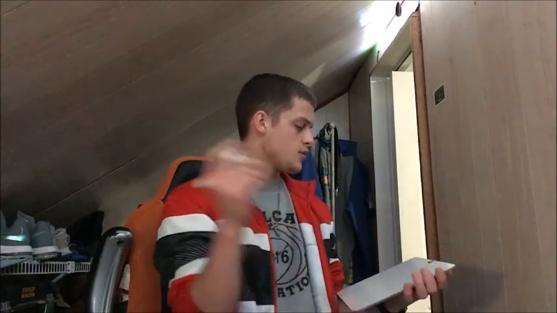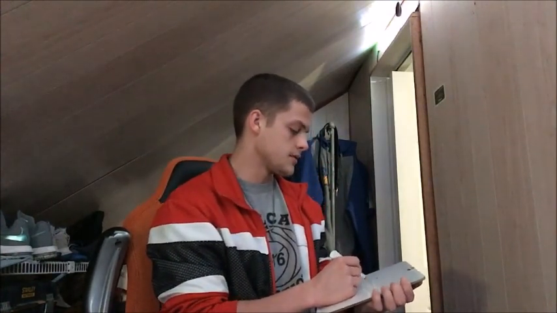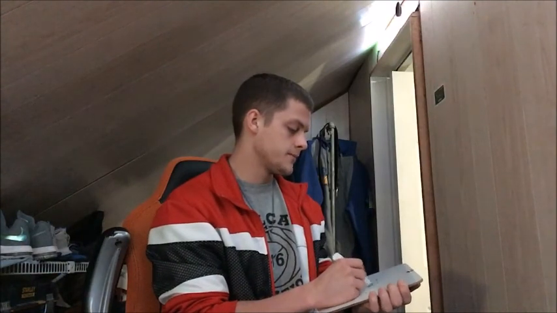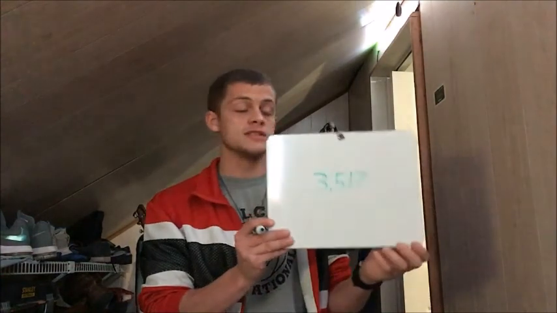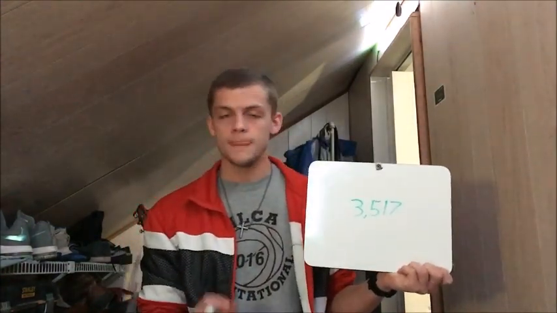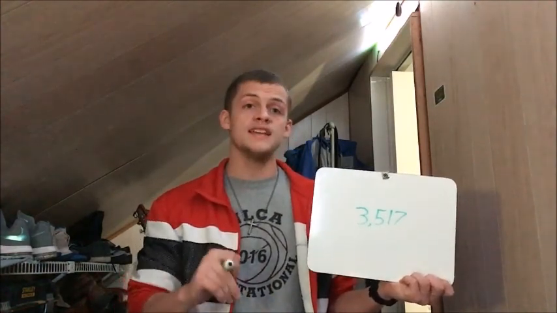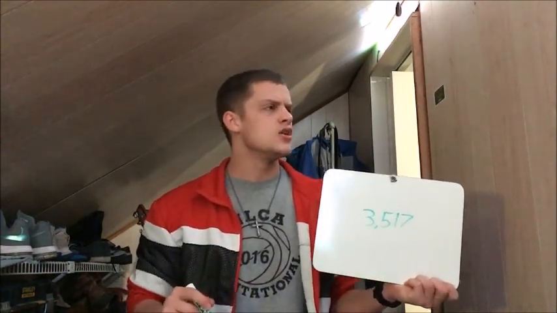But let's say that we were rounding off the population of Lewisburg, West Virginia. And let's say the exact number of the population was 3,517 people. The first thing that you're going to do is it's going to tell you what place it wants you to round to. Let's say we want to round to the hundreds place.